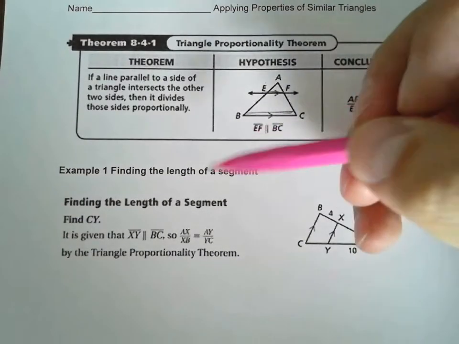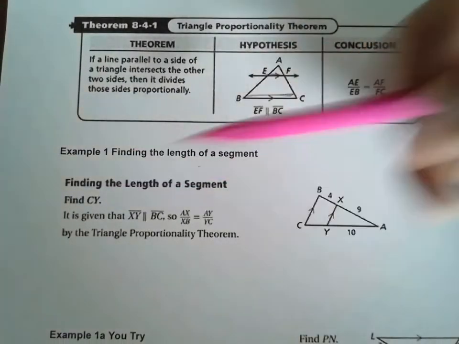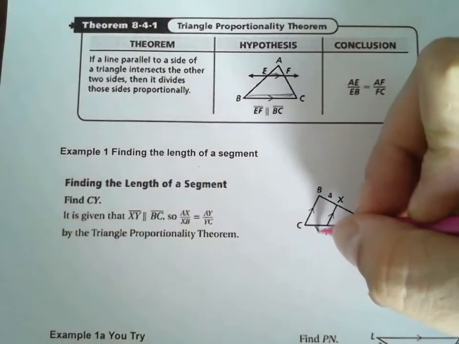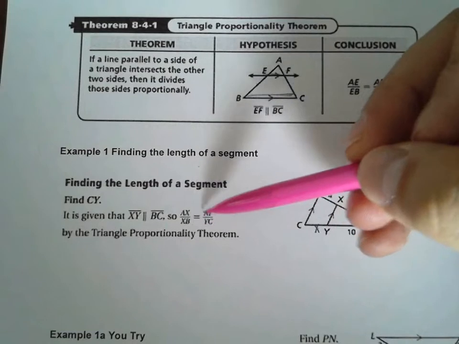Okay. So for instance, if you want to find the length of the segment CY, you can go ahead and call that x. It sets this nicely up for you.